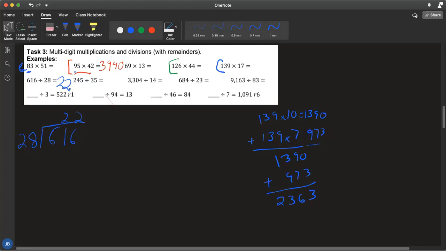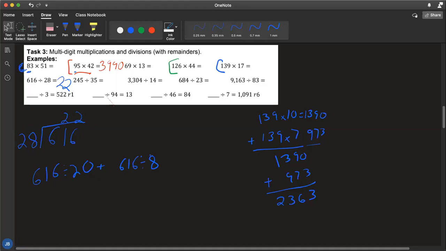So we could do 616 divided by 20 and then plus 616 divided by 8. That would be okay. This one would be a little bit harder because 616 isn't quite divisible by 20 evenly. So some of these are a little harder. But what you did is perfectly fine, just doing the normal way of division.